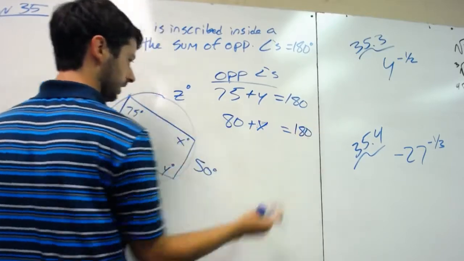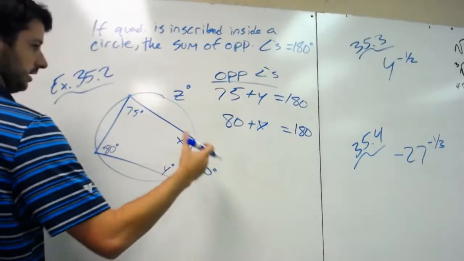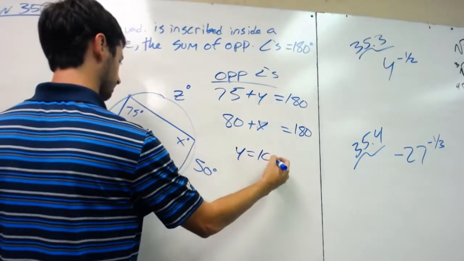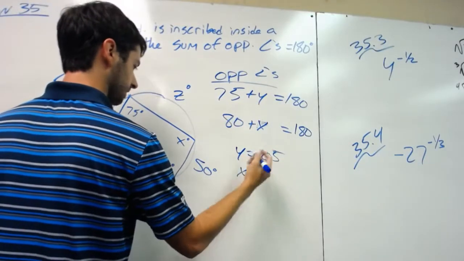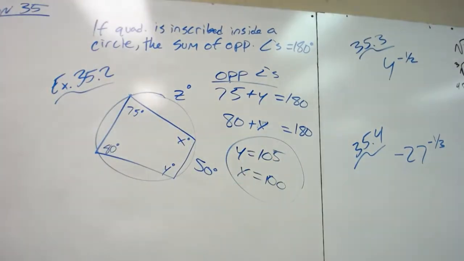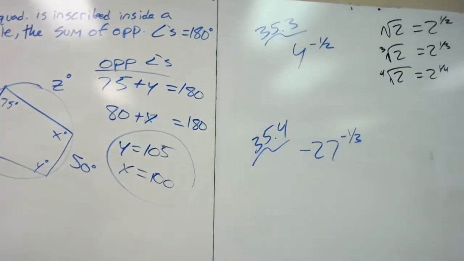And you can solve. I'm just going to do this mentally. y would be 105. x would be 100. Those are two answers, and that's how you do inscribed quadrilaterals. Opposite angles, their sum equals 180.